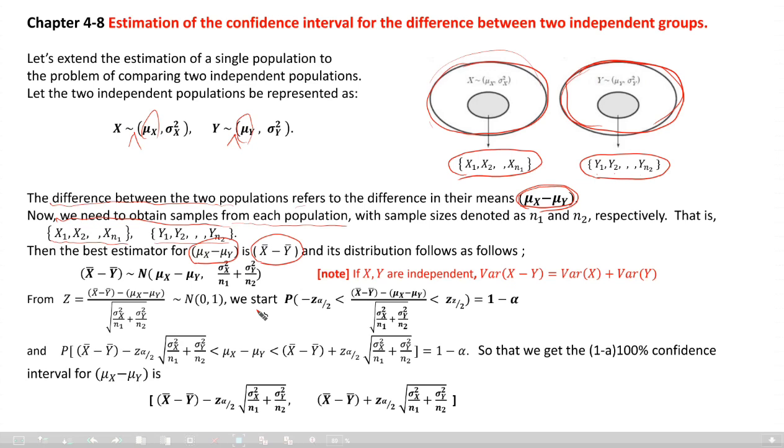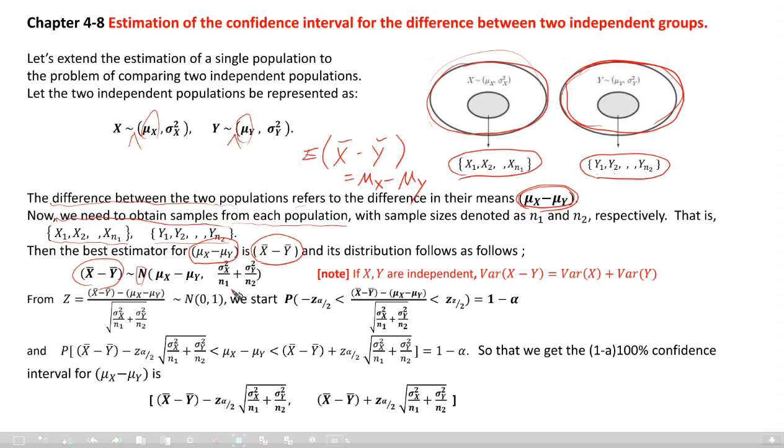The distribution of x bar minus y bar is normal when the sample size is sufficiently large. Then its mean is what? What is the mean of x bar minus y bar? It's going to be mu x minus mu y.